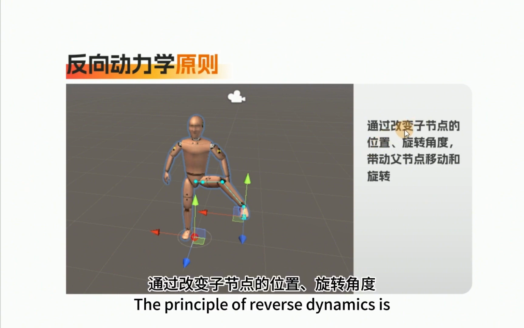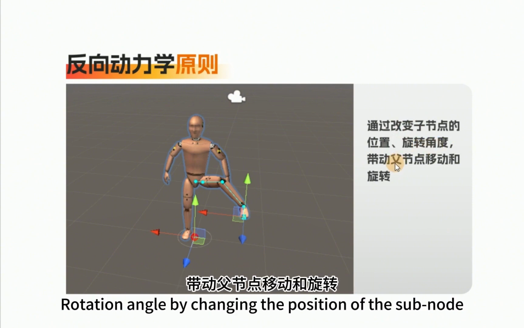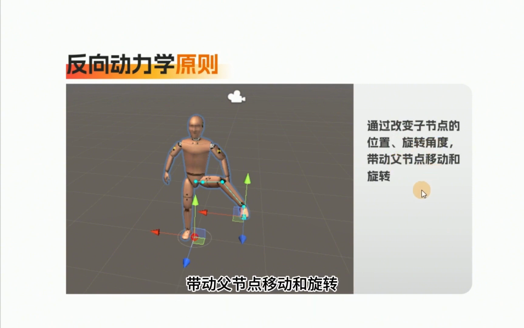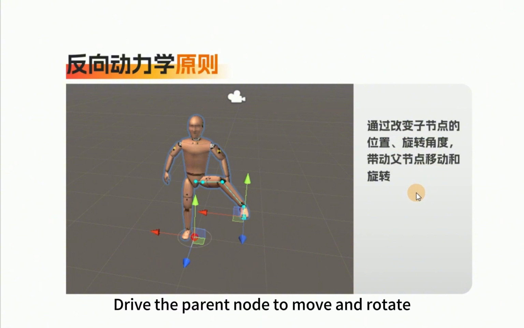The principle of inverse dynamics is that changing the position and rotation angle of the child node drives the parent node to move and rotate.